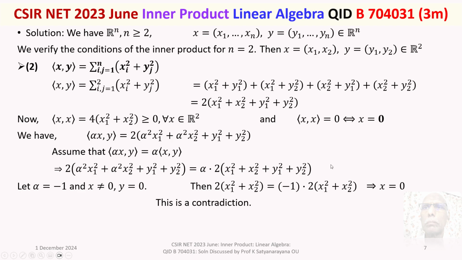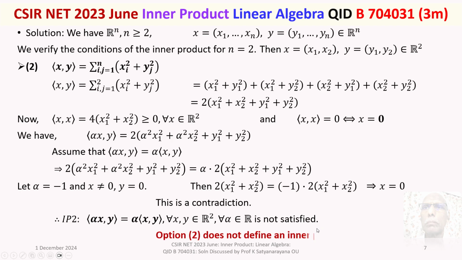This is if and only if x1 is equal to 0, x2 is equal to 0, therefore x is equal to 0. This is a contradiction because we assumed x not equal to 0. Therefore, linearity is not satisfied, so the linearity condition fails. Therefore, option 2 does not define an inner product.